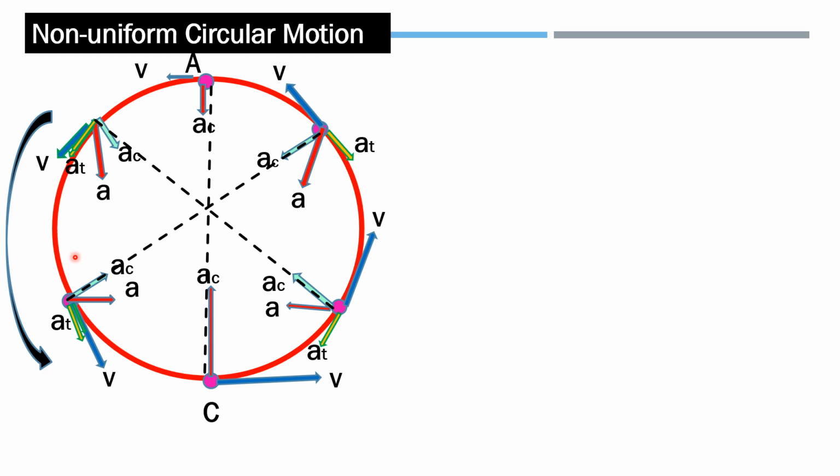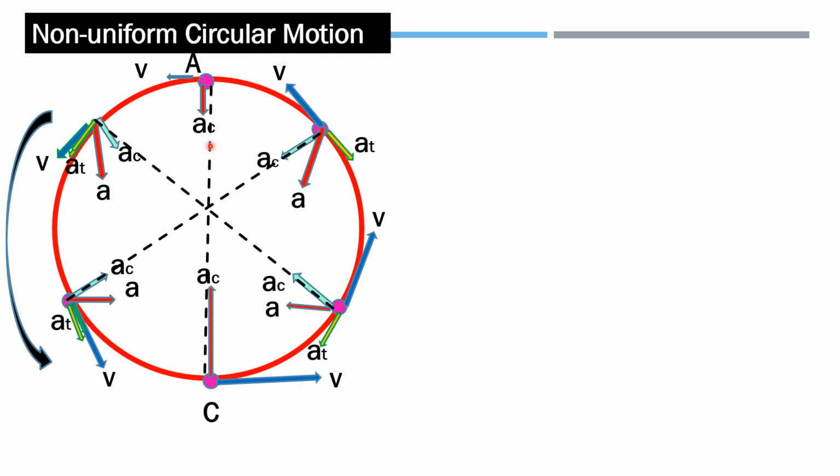Now, since in a non-uniform circular motion the force of gravity is already affecting the motion of the body, aside from the force exerted by the tension of the string, the force of gravity comes into the picture.